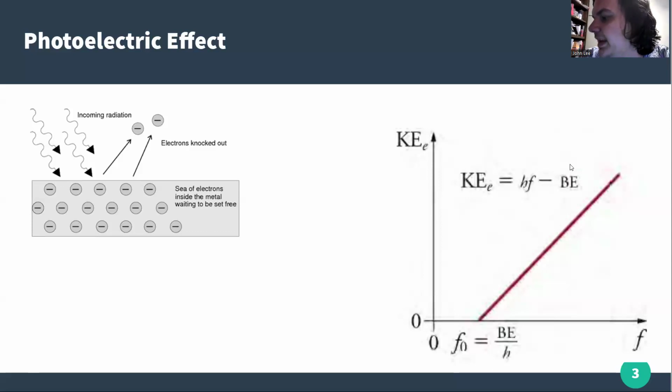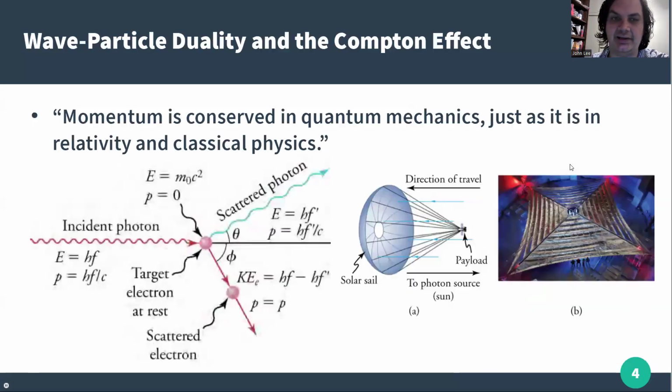But what we saw is that it's only dependent on the frequency, which means that the energy of light comes in small little steps that are dependent only on the frequency. So this is called wave-particle duality.